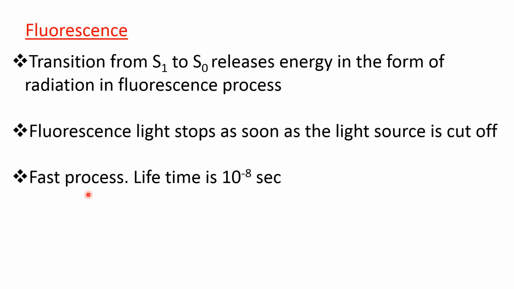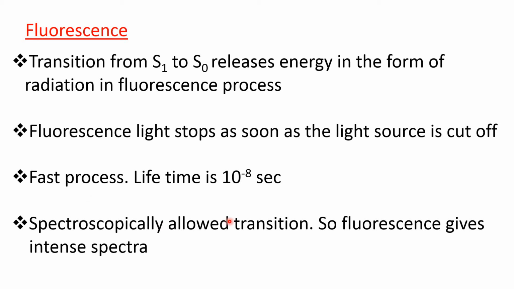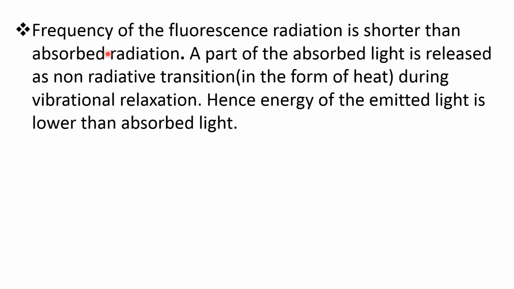Fluorescence is a fast process. Lifetime is 10 to the power minus 8 seconds. It is a spectroscopically allowed transition, so fluorescence gives intense spectra. Now, frequency of the fluorescence radiation is lower than the absorbed radiation.